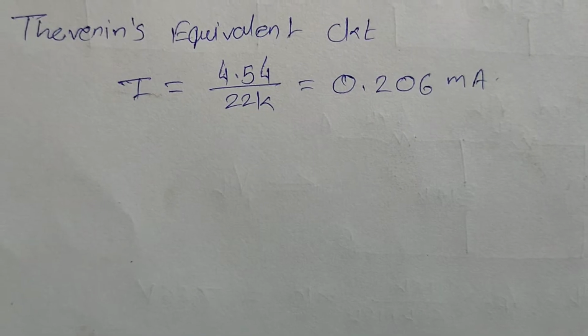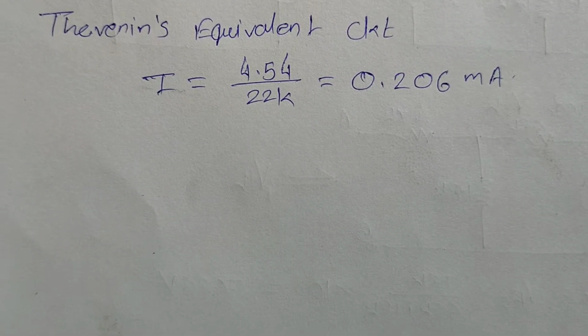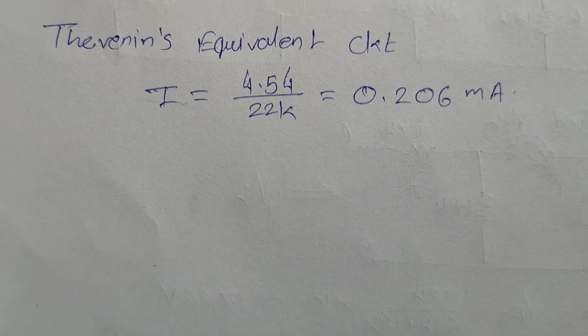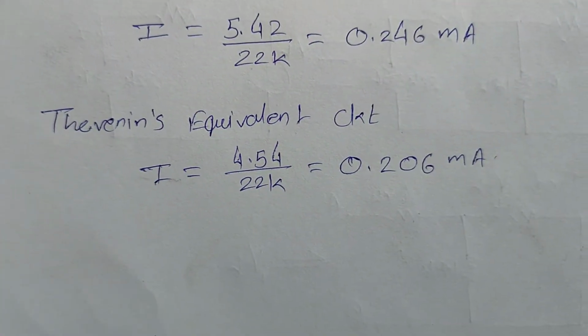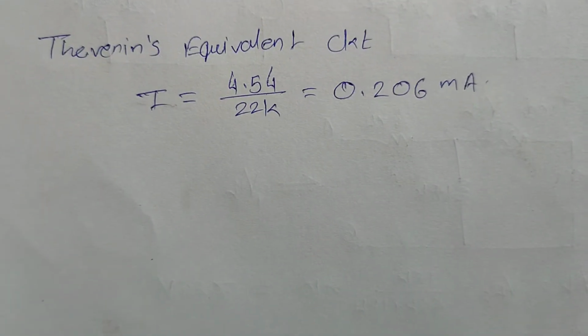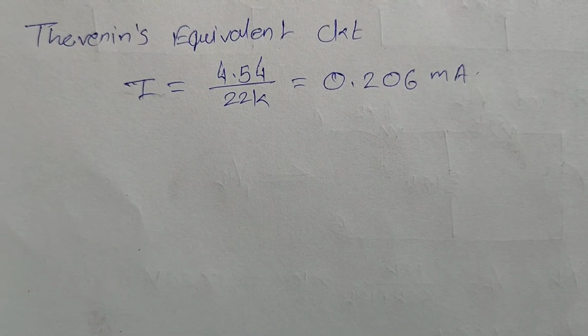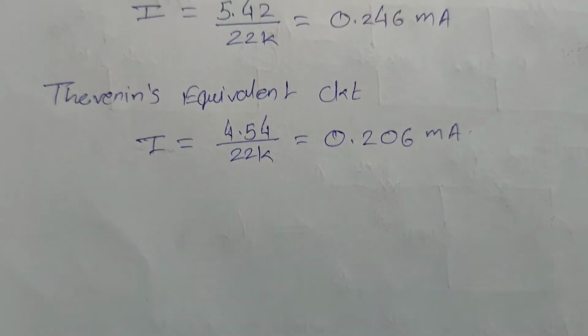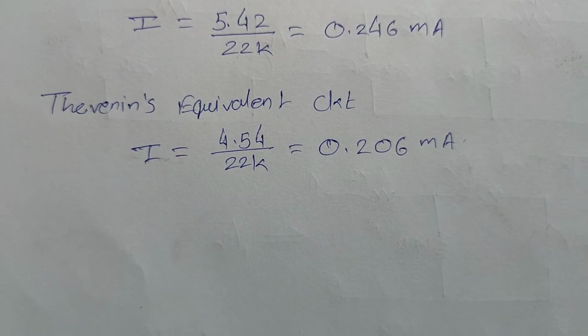If you observe, when we had not taken the equivalent Thevenin circuit, the current which we got was 0.246. So it is approximately equal. So we conclude here that Thevenin's equivalent works similarly to the normal circuit.